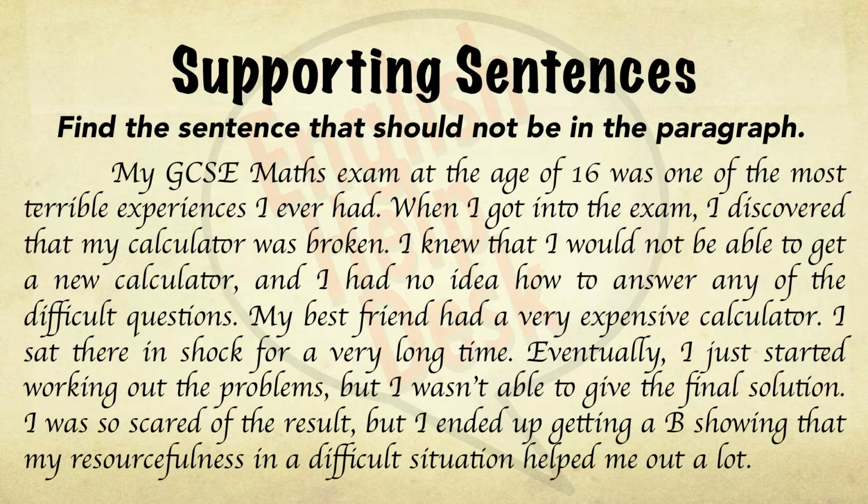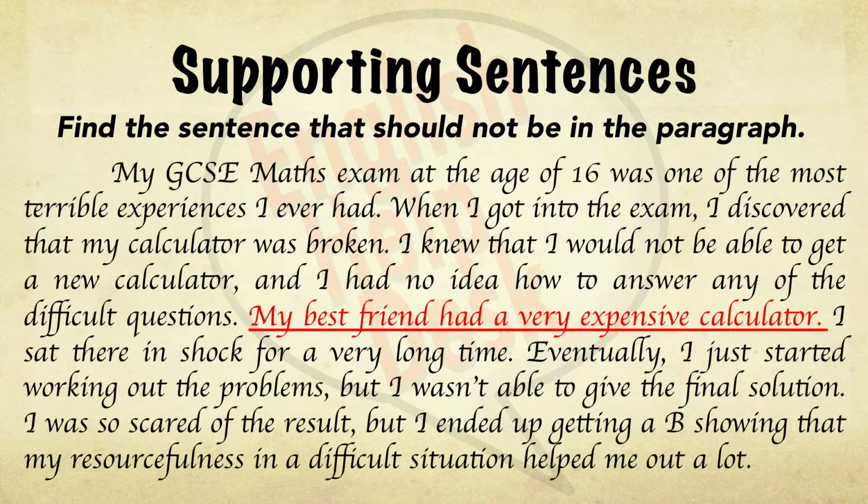So in this example, find the sentence that should not be in the paragraph. Our irrelevant sentence is that my best friend had a very expensive calculator. In this paragraph, we're telling a story of having a terrible experience during a maths exam.